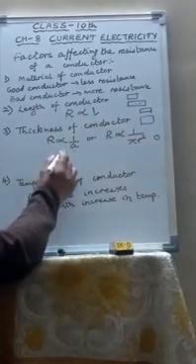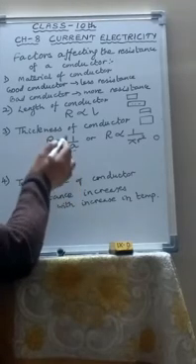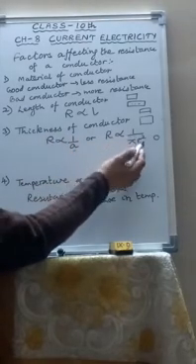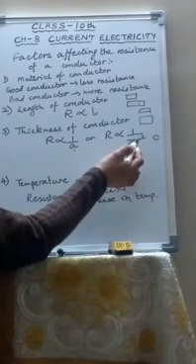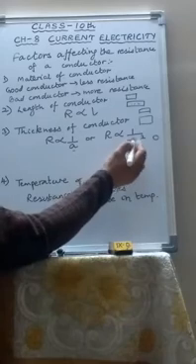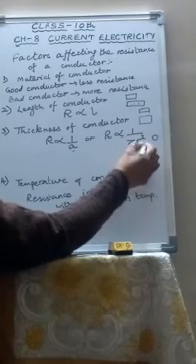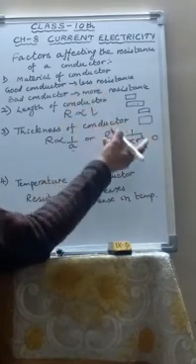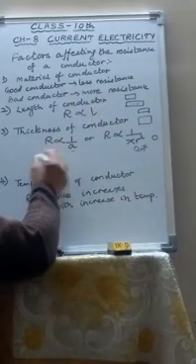So children, if the radius of the wire of the same length is doubled, area of cross section becomes 4 times because this is square, (2r) square becomes 4 times. So resistance will become 1/4.